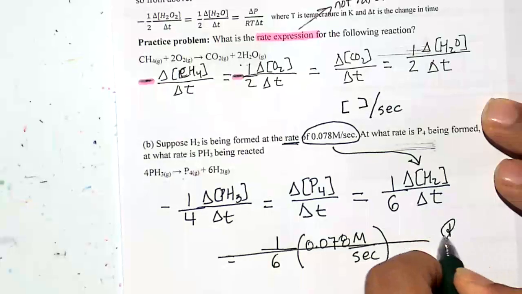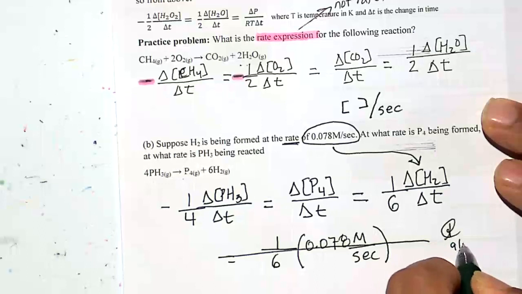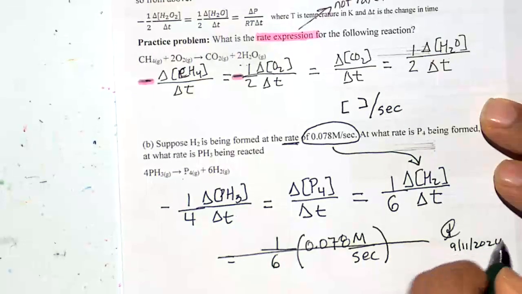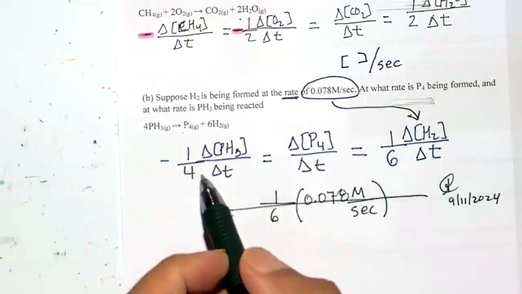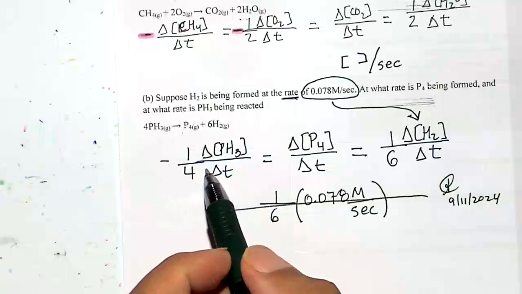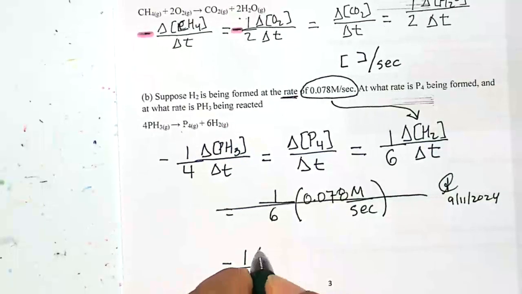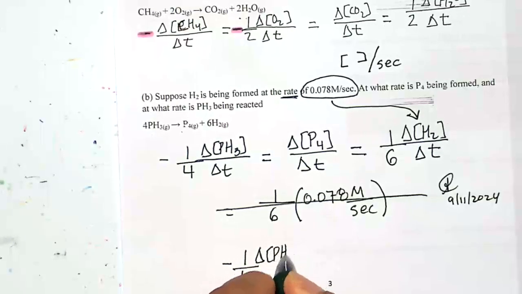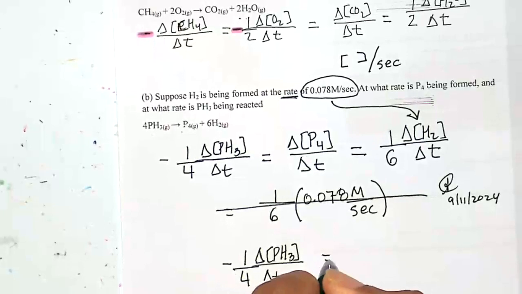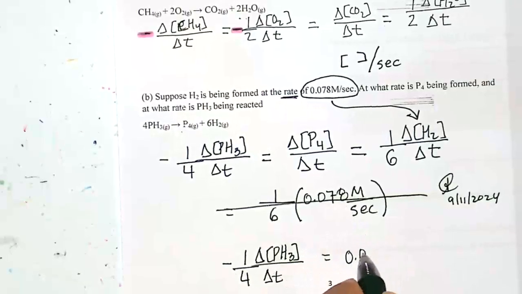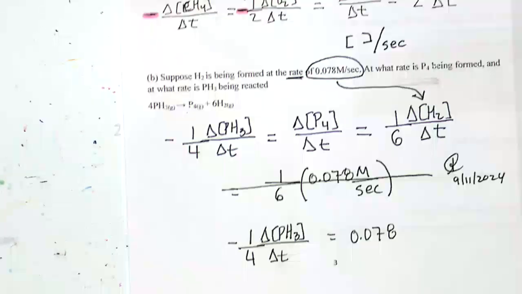So we're not concerned with that. So this, minus 1/4 the rate of PH3 over delta T, is going to equal 0.078.